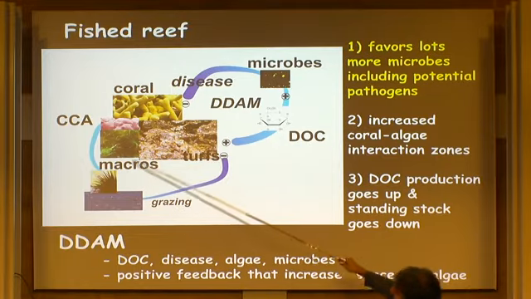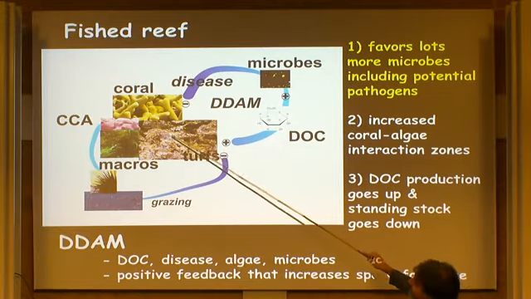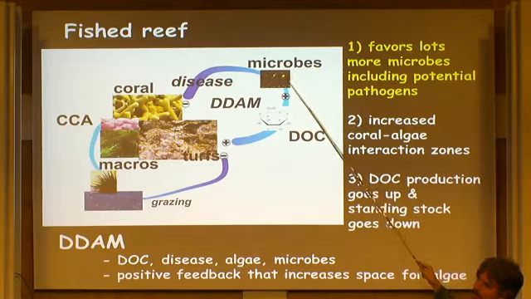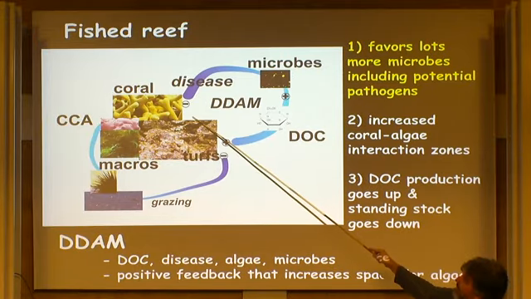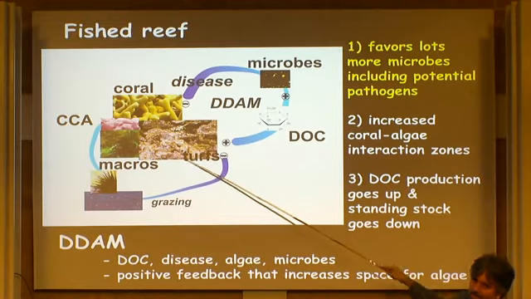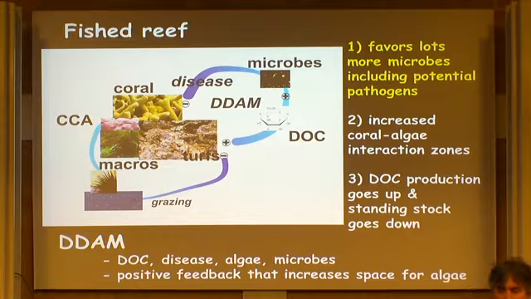Then you end up with a system where these start to grow up, and then they feed more DOC to the microbes, which come back and start killing off corals, which gives you more space for more algae, which gives you more microbes, and you get what we call the DDAM loop. So this is a positive feedback system that destroys a reef.